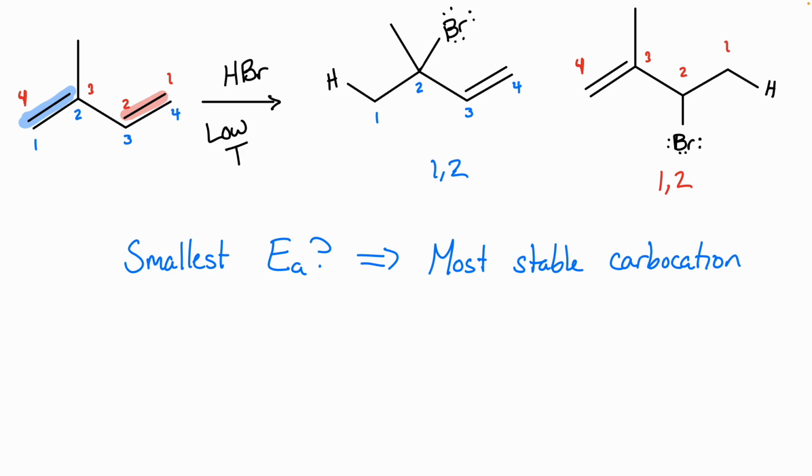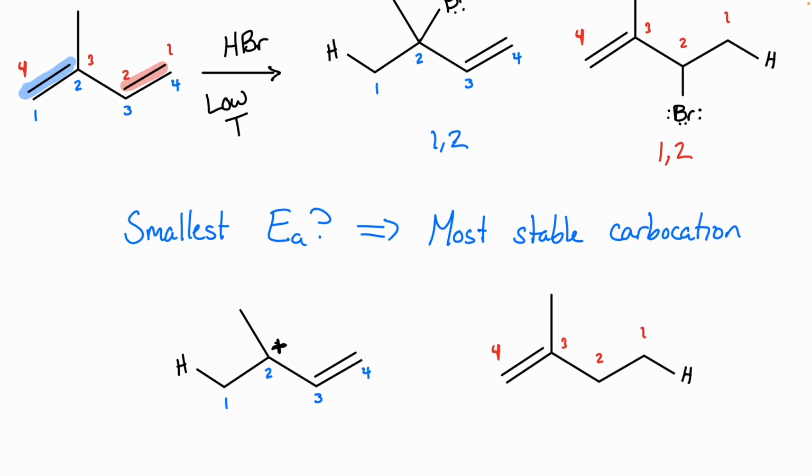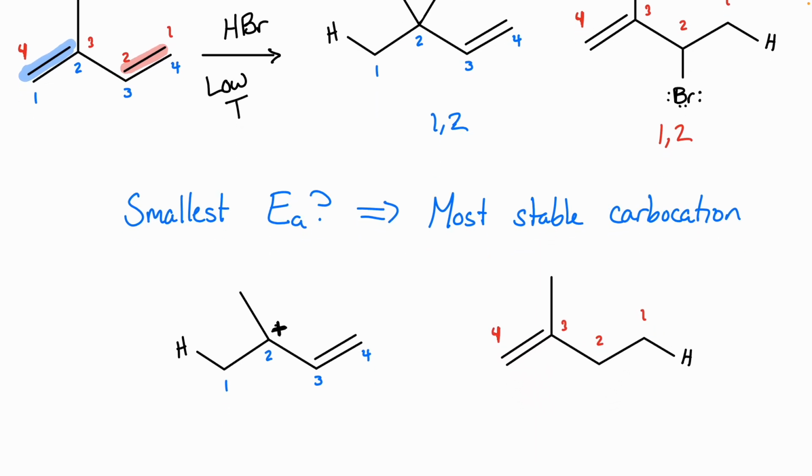All right, so we've got to look at our intermediate here. In the blue one, we had a carbocation on carbon 2 in our blue numbering scheme. On the red one, we had a carbocation on carbon 2 in our red numbering scheme.